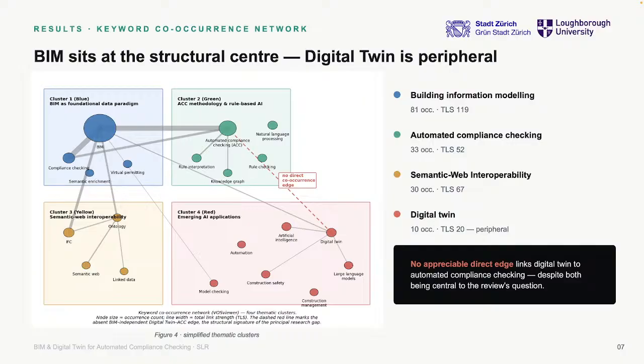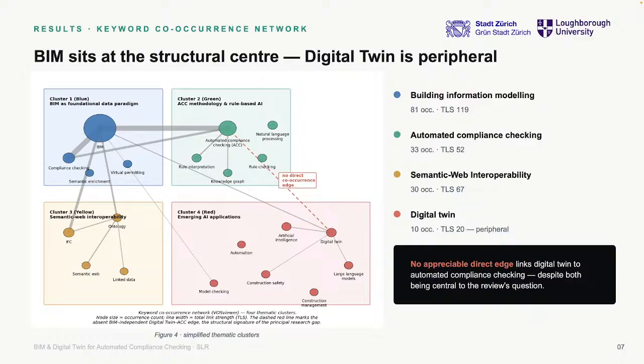Automated code compliance is a topic of research with the latest development and maybe a future expansion. Semantic web is a way to look at data and maybe find a way to reuse the data, and digital twin is the emerging frontier, because now we're talking about interaction between the real world and the virtual world.